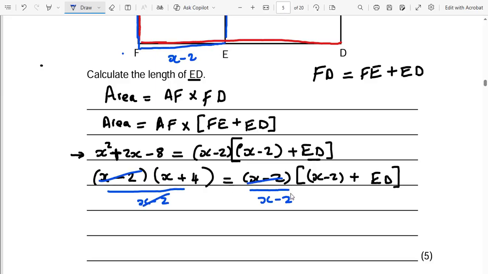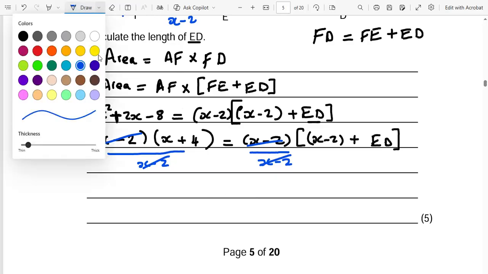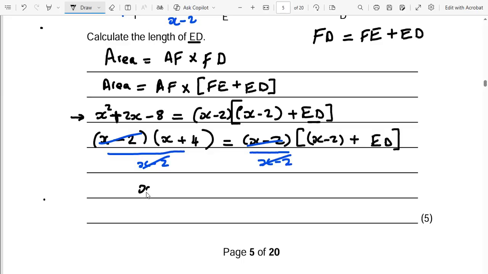These two cancel, these two cancel. Then let me rewrite the equation and see what I have so far. This is nice because by getting rid of that x minus 2 in front of this bracket, it makes everything easy, because now we don't have to multiply out the bracket.